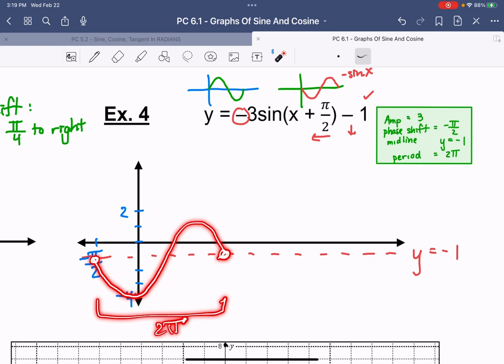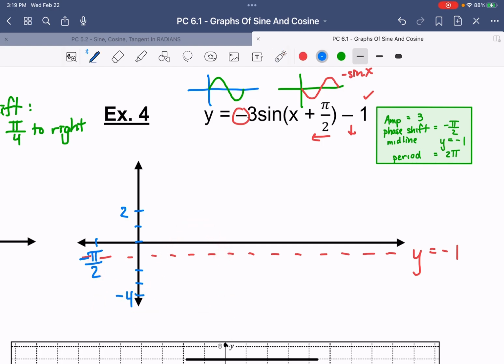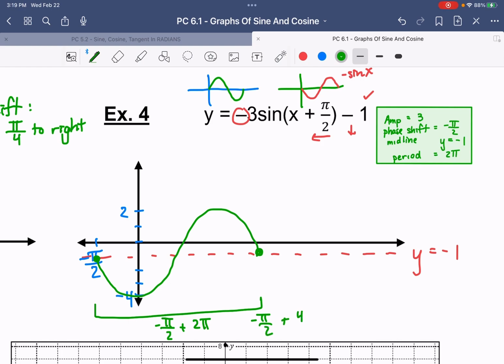My end point should be at 3 pi over 2. If I'm starting at negative pi over 2, and this is what's hard for some people, you can write it out if you want, negative pi over 2 plus 2 pi, and get a common denominator. Should be at 3 pi over 2. That's my end point.